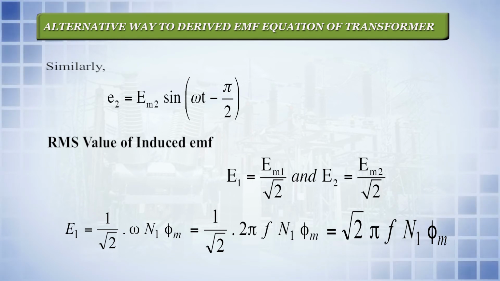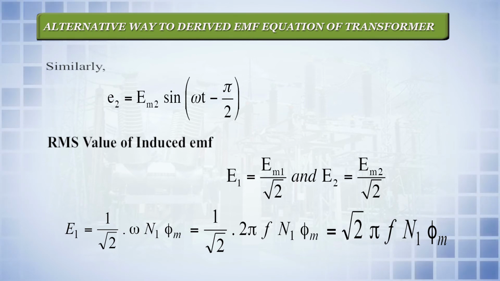So this EM1 is nothing but omega N1 phi m. So E1 can be written as omega N1 phi m upon under root 2. Now you can replace omega by 2 pi f. So E1 can be written as 2 pi f N1 phi m upon under root 2.